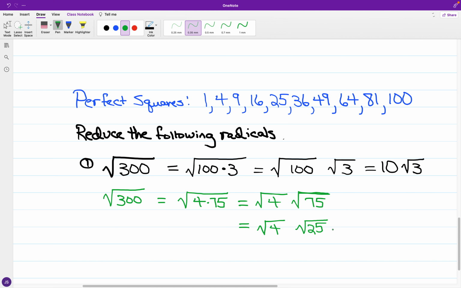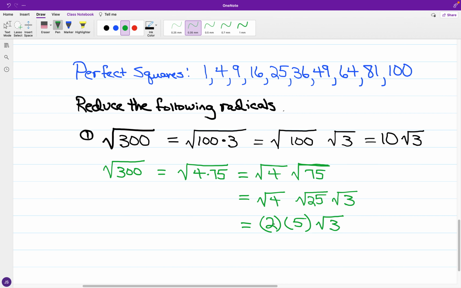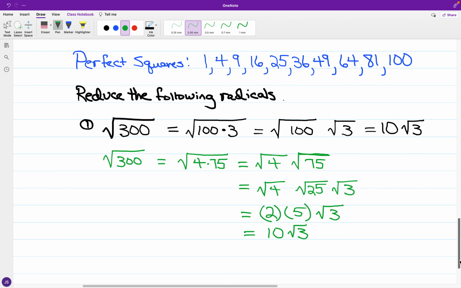So in this case, we have the square root of 25 times the square root of 3. The square root of 4 will go to 2. The square root of 25 is going to be 5. And again, the square root of 3 is going to stay. Looking at the coefficients, we got 2 times 5, so that will be 10, and attaching the square root of 3. So through this route, it's a little bit longer since we did not factor out the greatest perfect square like in the first instance, but you still have 10 times the square root of 3.